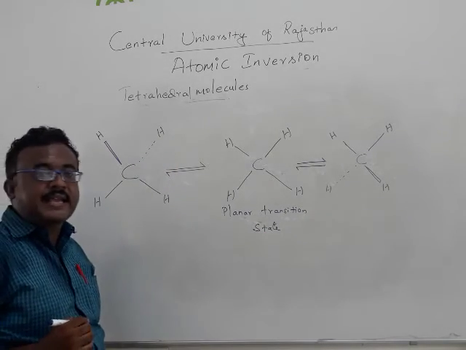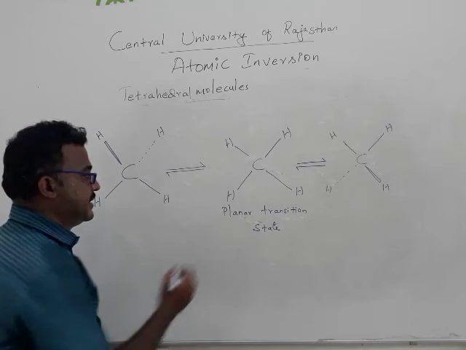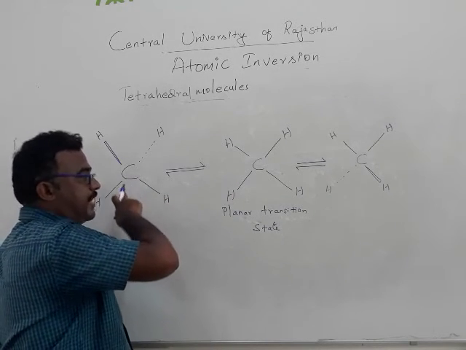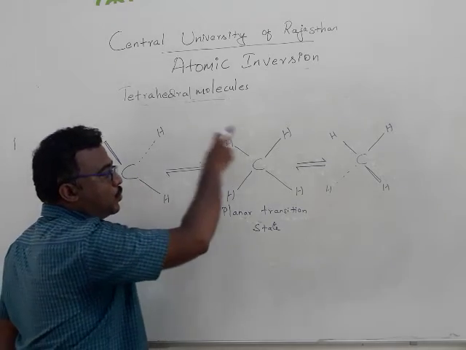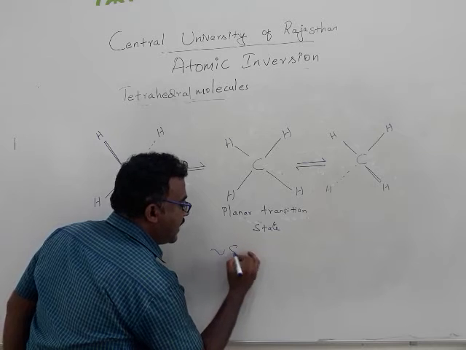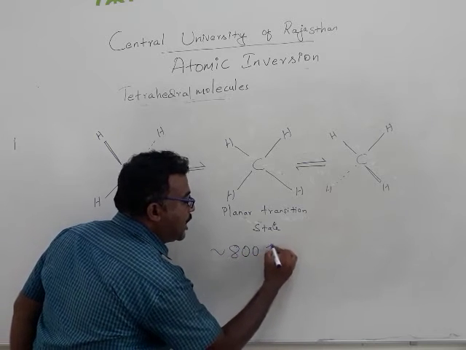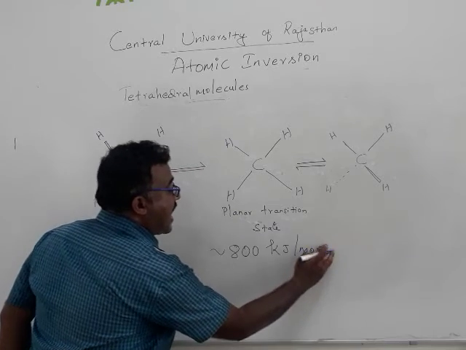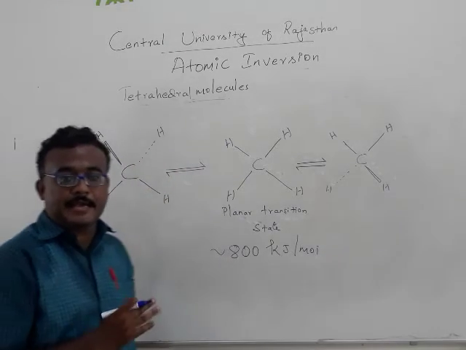Here the inversion barrier energy for conversion of methane from tetrahedral shape to the planar transition state needs approximately 800 kilojoules per mole. A very high inversion barrier.